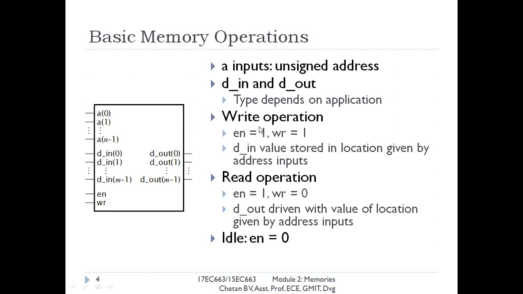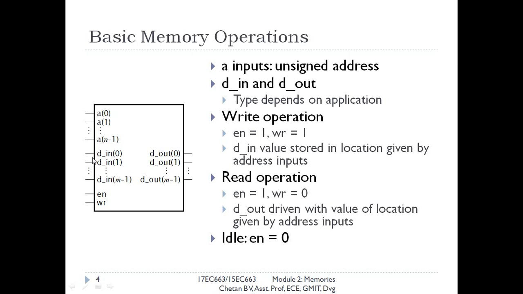To perform write operation, we have to make control signal enable 1, write 1, and at the same time we have to apply small m bit data at the input port. Also simultaneously we have to apply small n bit of address.